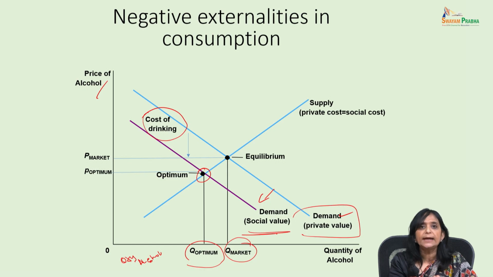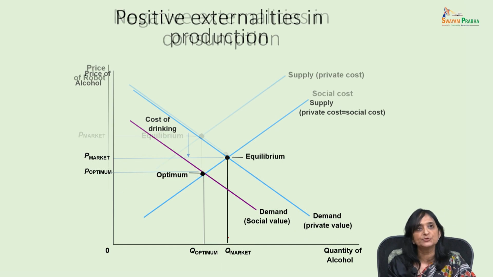So, a negative externality, either in production or in consumption, is leading to overproduction of that particular good or service. If we take into account that negative externality and the social cost, then we will see that the market should have been producing less than what it is producing.